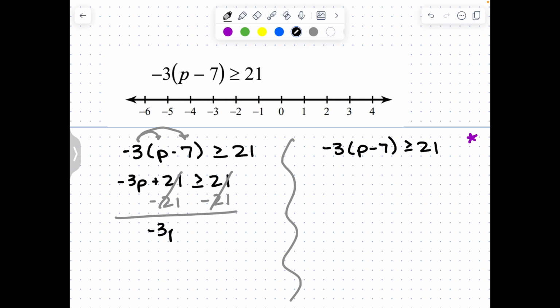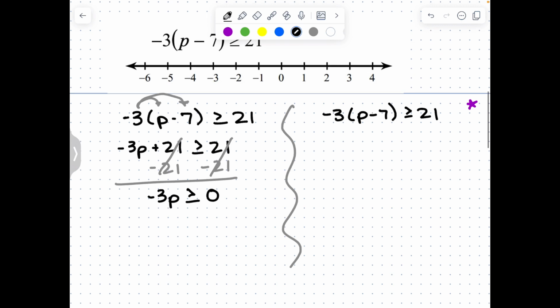It leaves us with negative 3p on the left, and then we're greater than or equal to 0. Since everything on that side did cancel, we end up at 0. Then technically we're going to divide by negative 3, which, oh, look what came up again. We're dividing by a negative, so we're going to have to flip that inequality. The way to avoid this, if you wanted to avoid this, would be to actually add 3p to both sides for a second.